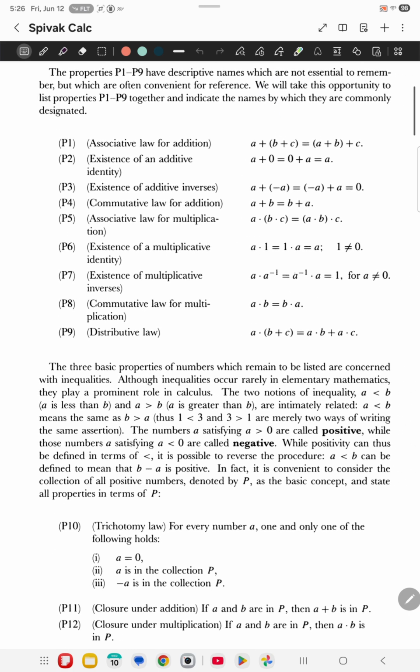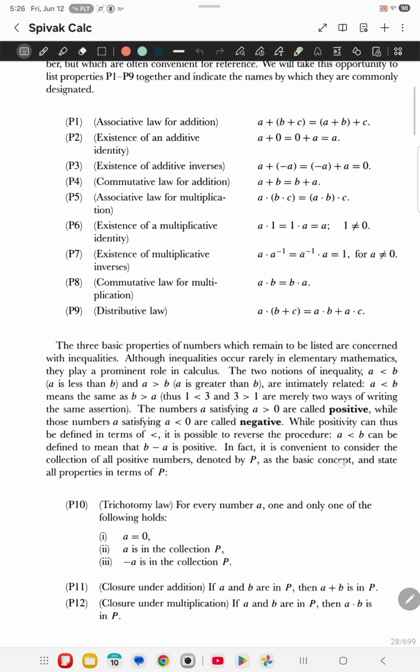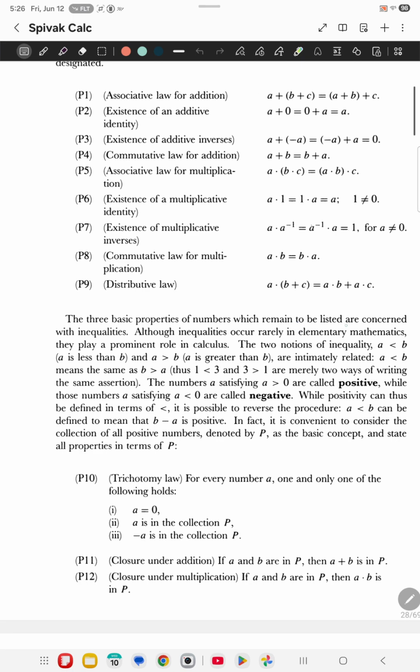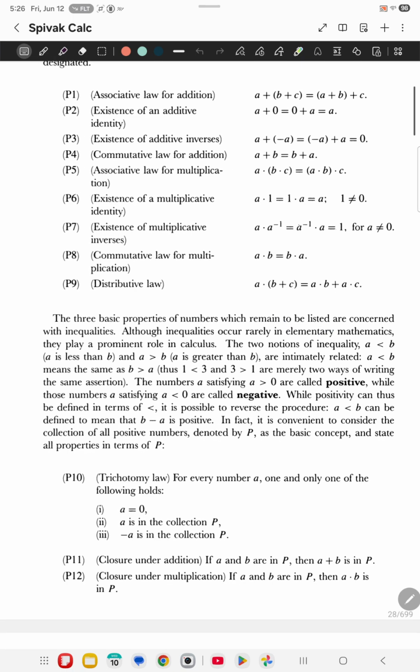We have the associative law for addition, existence of an additive identity, existence of additive inverses, commutative law for addition, associative law for multiplication, existence of a multiplicative identity, existence of multiplicative inverses, commutative law for multiplication, and then the distributive law. The three basic properties of numbers which remain to be listed are concerned with inequalities.